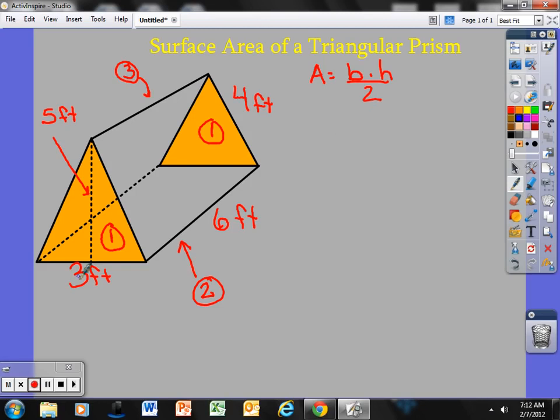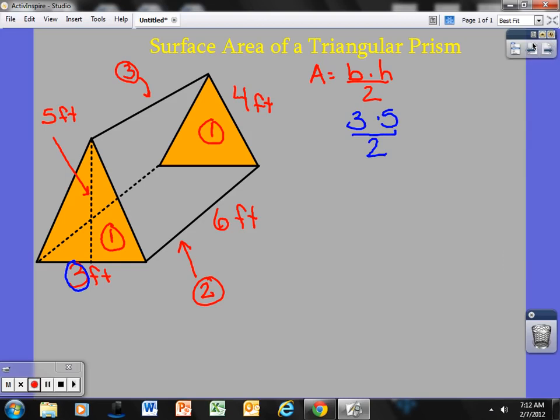The base of this triangle is 3, so I'm going to plug 3 into my formula. 3 times the height of this triangle, which is 5. I'm sorry, I started multiplying. I know I need to divide that by 2. So if I multiply out, 5 times 3 is 15. 15 divided by 2 gives me 7.5, and that'd be square feet.